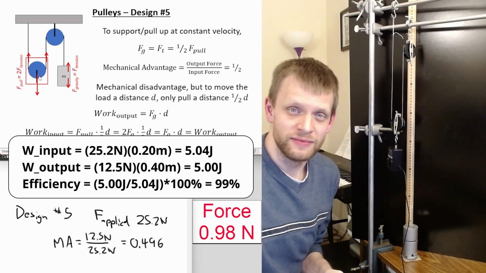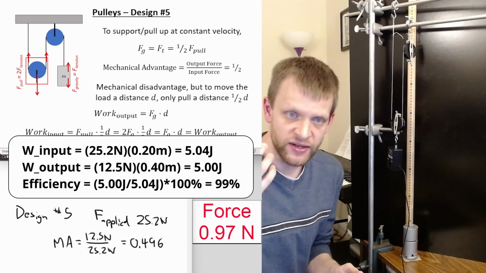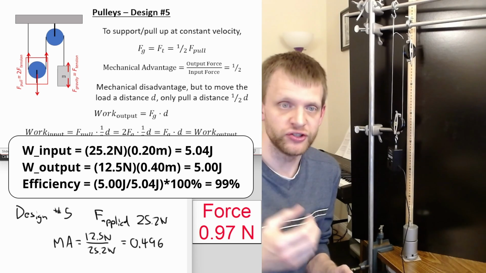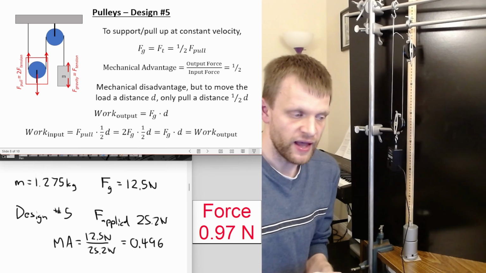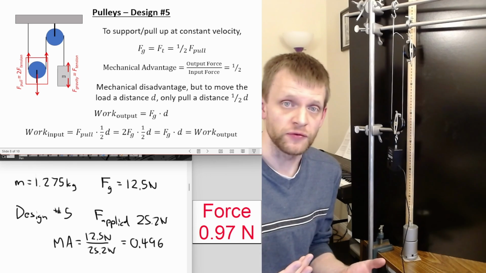Again, the trade-off in this case is we have to apply twice the input force, but we only have to apply that force over a very short distance. And in certain cases, this can actually be more useful.